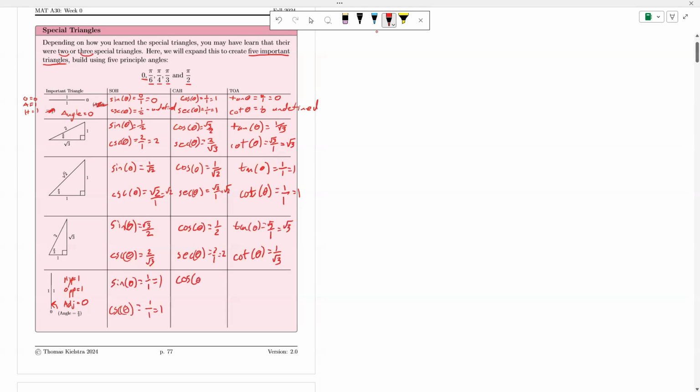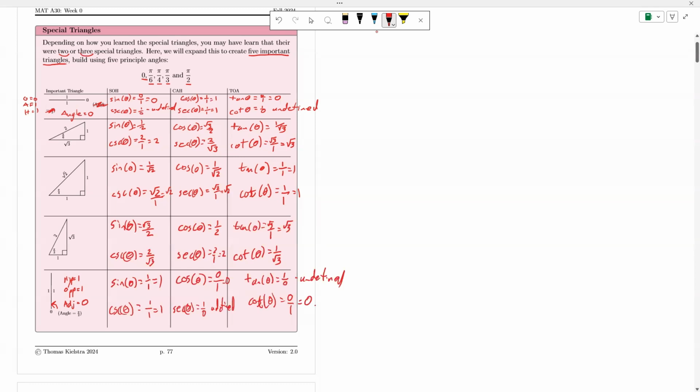Cos of theta equals adjacent over hypotenuse, 0 over 1, which is 0. Whereas our secant of theta equals 1 over 0, which is undefined. Finally, we have tan theta equaling 1 over 0, which is undefined, whereas cotan of theta equals 0 over 1, which equals 0.